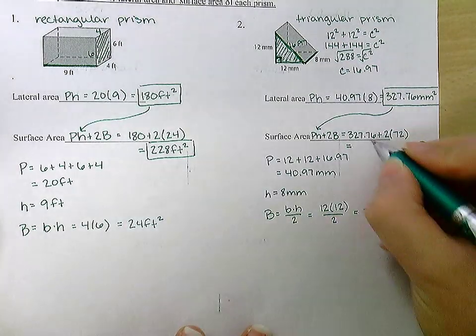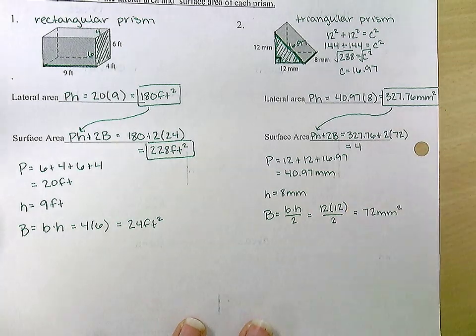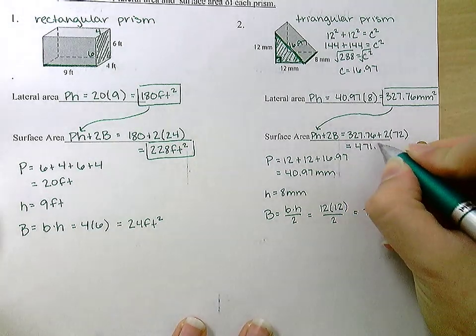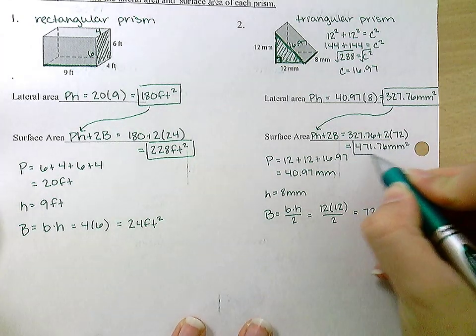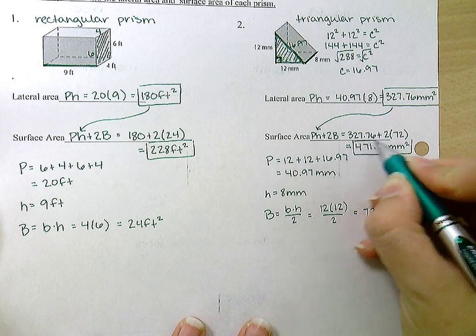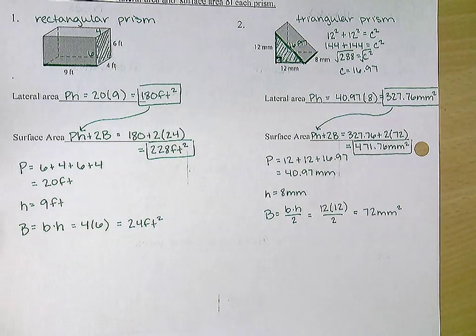And that will be about 471.76 millimeters squared. That's your surface area.